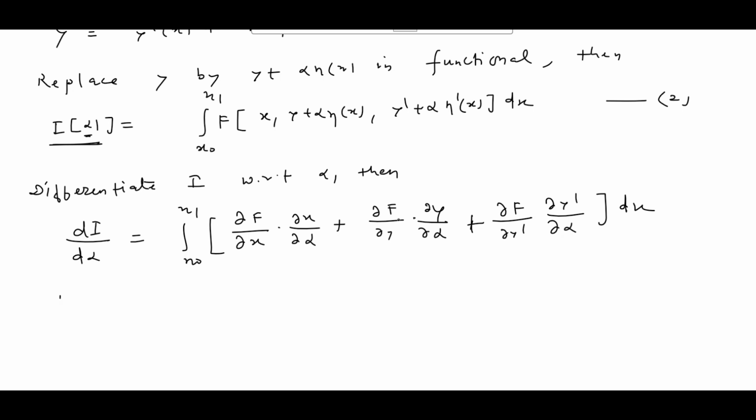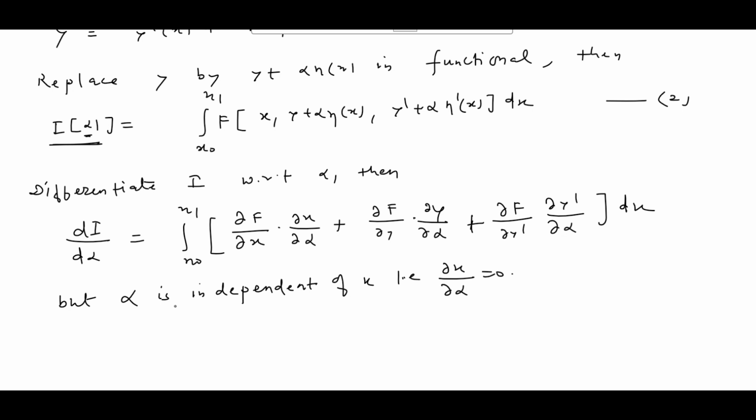But alpha is independent of x, meaning alpha does not depend on x. It implies del x over del alpha has to be 0.